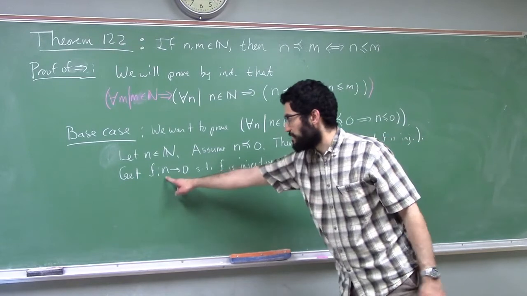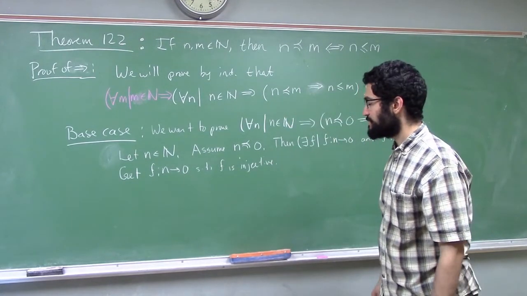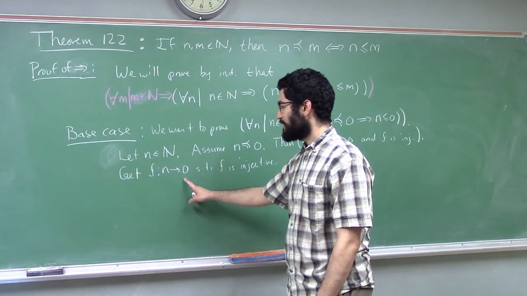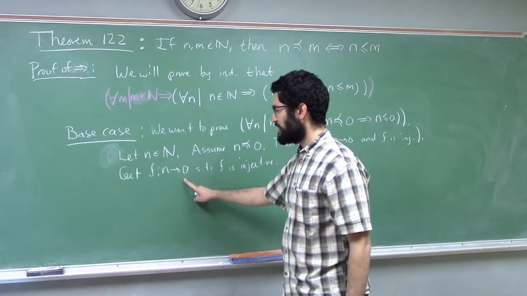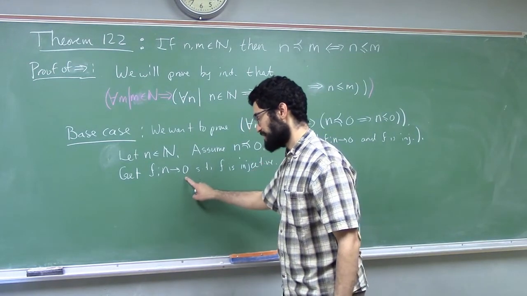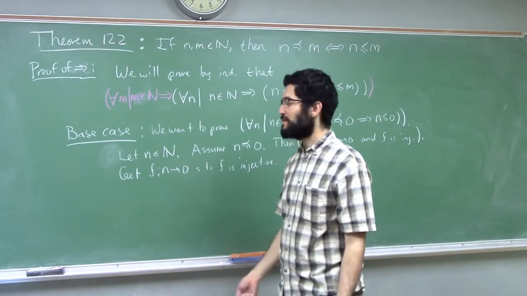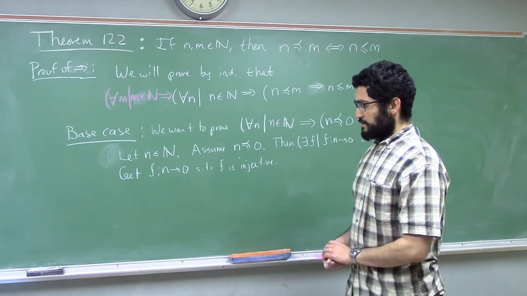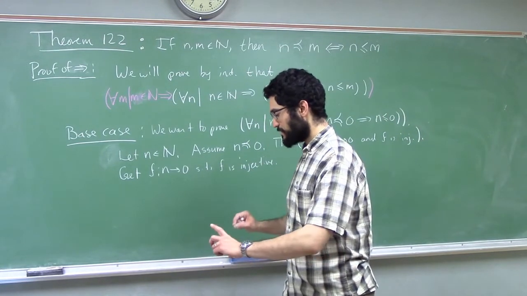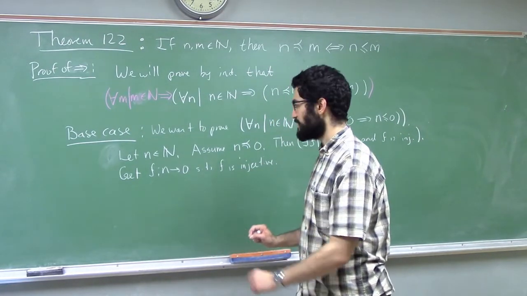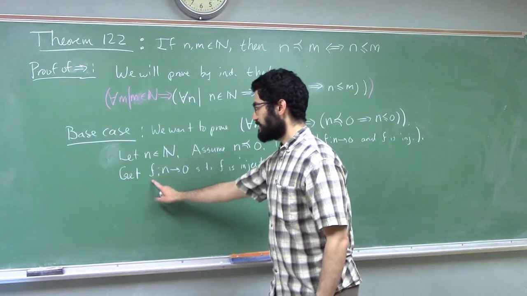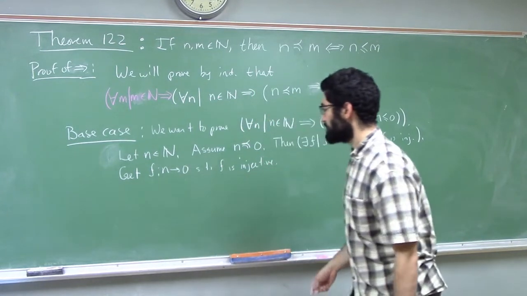Its domain is n, and its range is a subset of 0, but hang on, 0 is the empty set. So this function's range needs to be a subset of the empty set, so the range needs to be the empty set. This is a function, so it's a set of pairs, and every pair has its second coordinate being an element of the range, but the range is the empty set. So it seems like this cannot contain any pairs. In fact, it seems like this is the empty set.